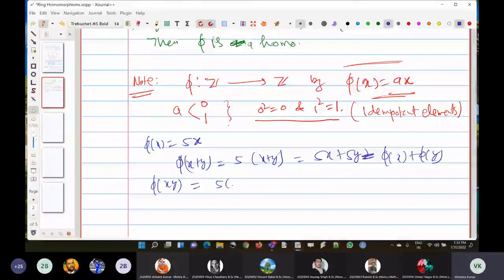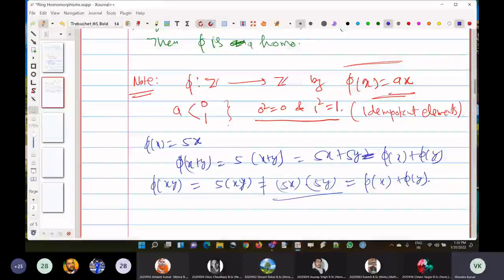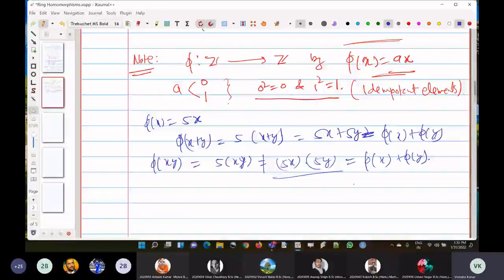We have to write phi of x times y, and this is not equal to phi of x times phi of y. So therefore what we conclude is that this is possible only for certain choices, because if we define it this way, that is certainly going to hold.